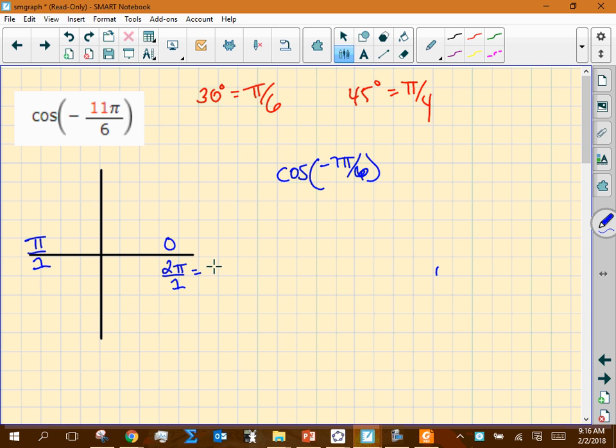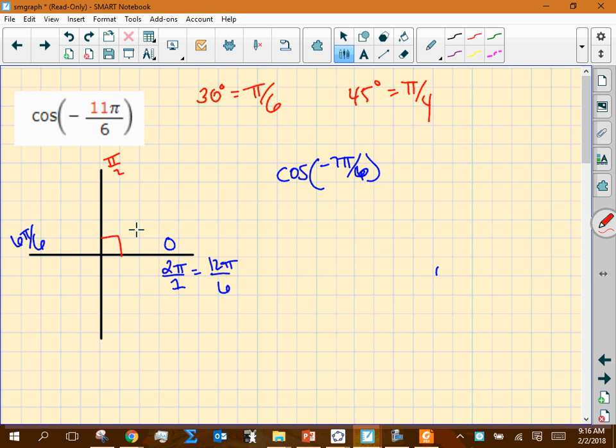So I'm going to write this as, what would it be? If it's a 6 on the bottom, it's got to be 12 pi over 6? Is that okay with everybody? And this thing here would be 6 pi over 6. We've called this pi over 2 a lot, because that's 90 degrees.